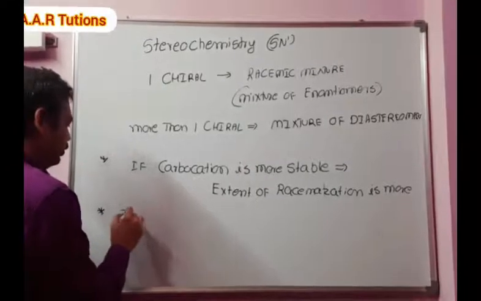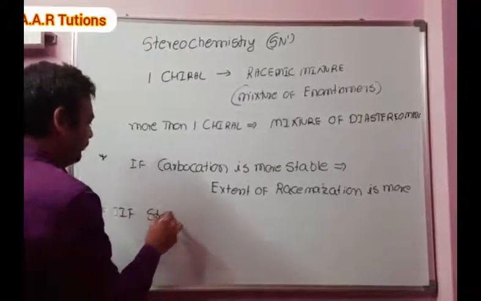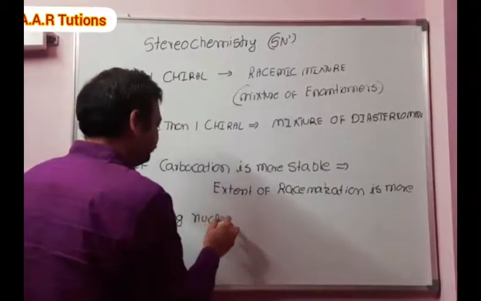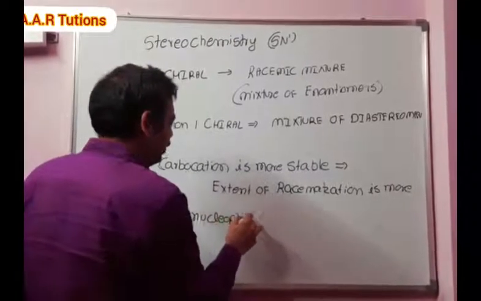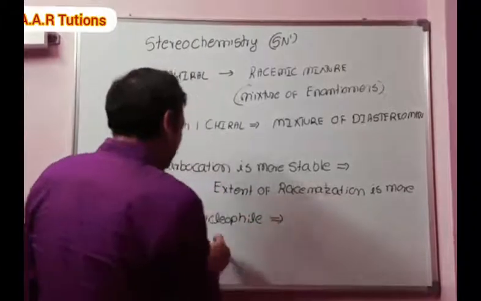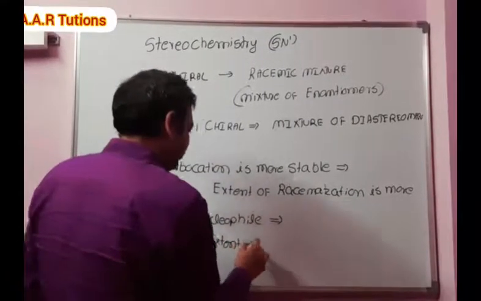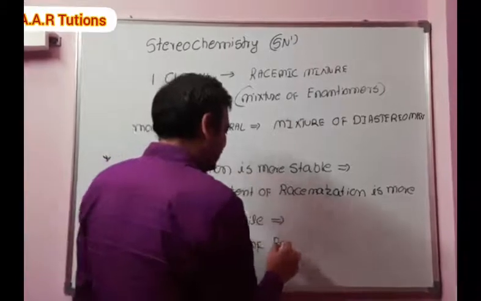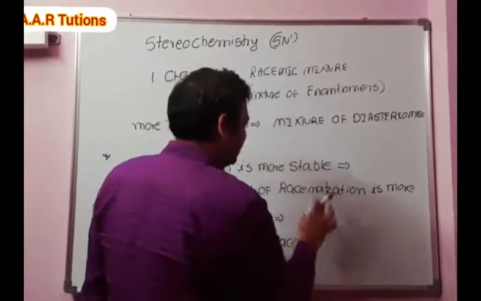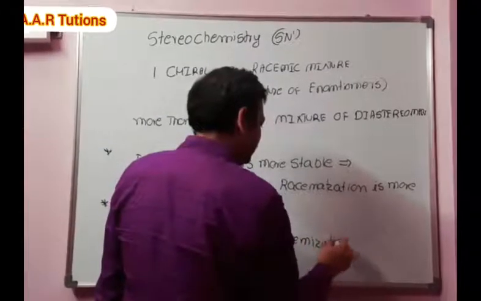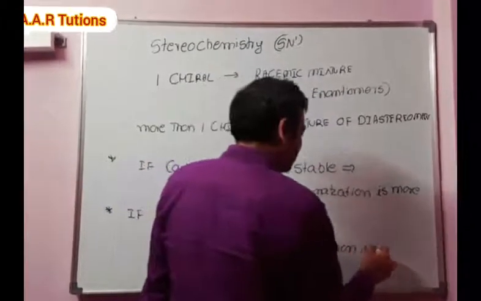If there is a strong nucleophile, the extent of racemization is very less. Why?